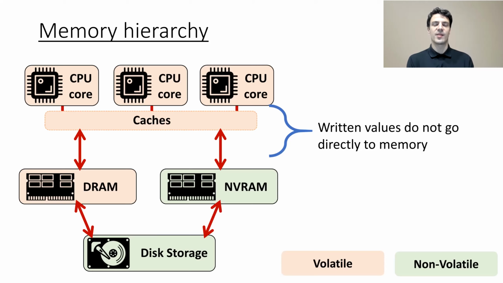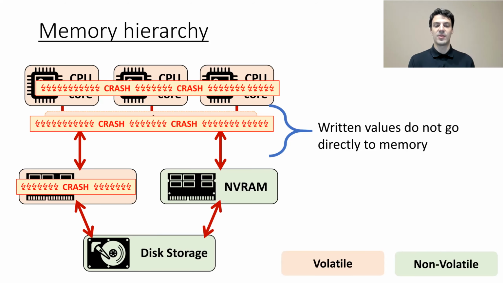Something to keep in mind, though, is that modern CPUs, as they issue writes, do not write to memory directly. Instead, written values get buffered in CPU caches that are volatile. So something that can happen is that a CPU issues a write, and then a crash happens, and the value gets lost before it reaches non-volatile memory.